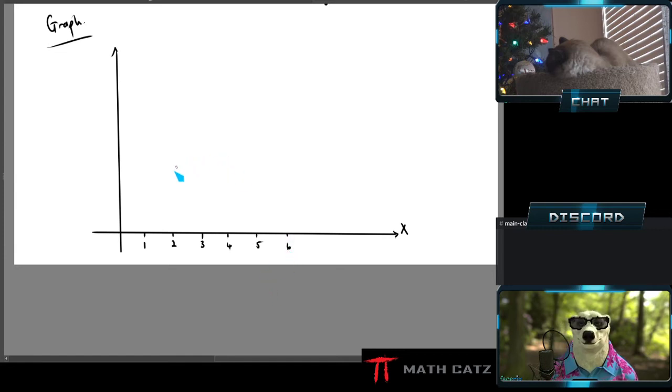Technically, a histogram has the bars touching each other, but for our purposes it's all just aesthetics. So I picked my first height, which was 1 over 36. So it's going to be a little bar like so.